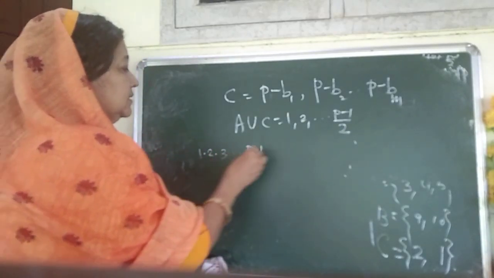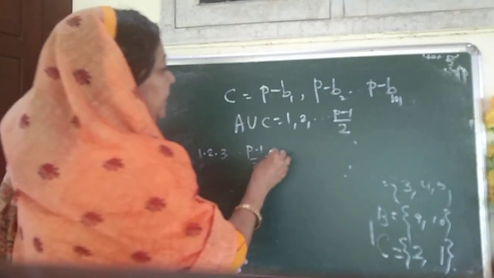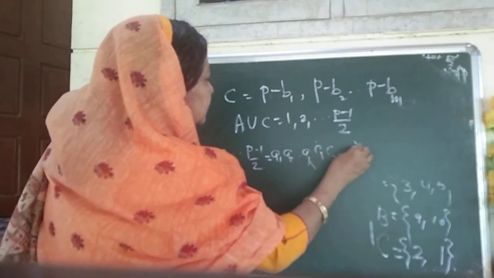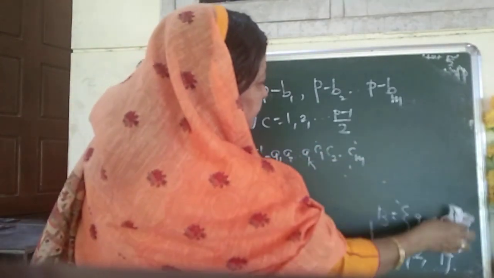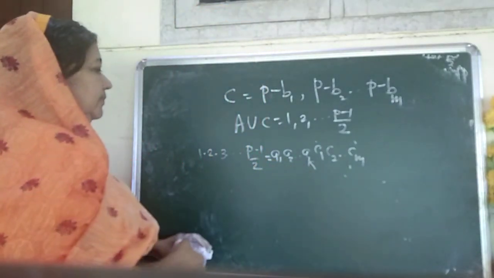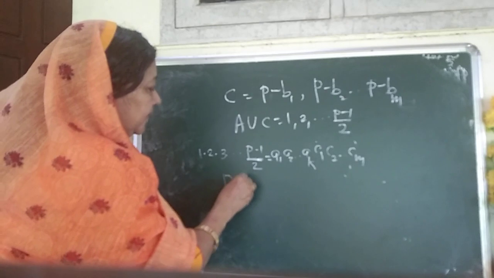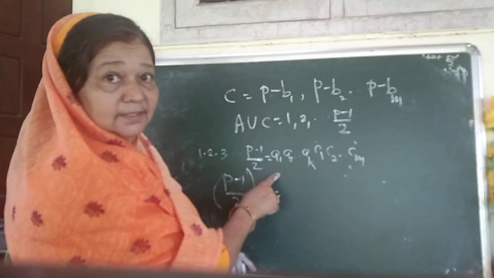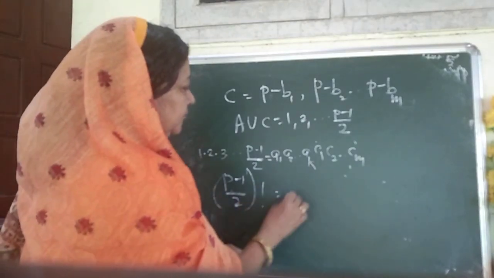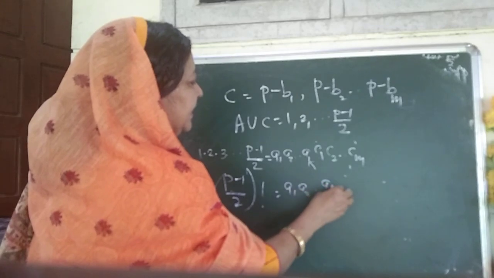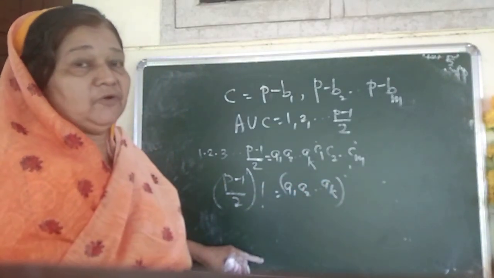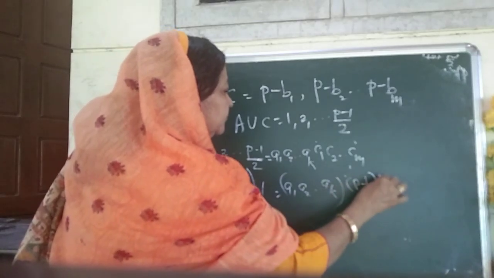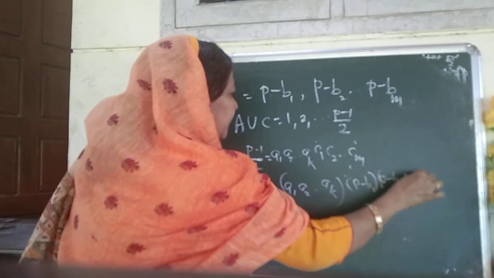That is nothing but A1 into A2 into etc. AK into C1 into C2 into etc. Cm. P minus 1 by 2 factorial equal to A1 into A2 into etc. AK into C1, C1 is P minus B1, into C2 is P minus B2, into etc. P minus Bm.